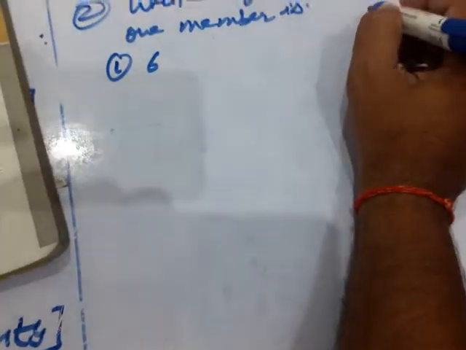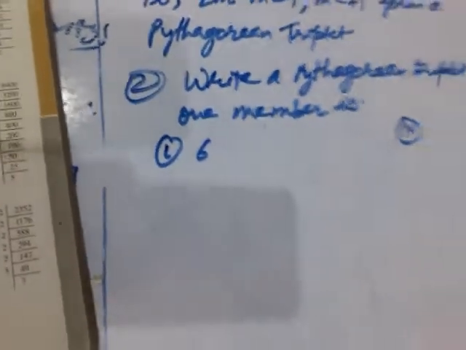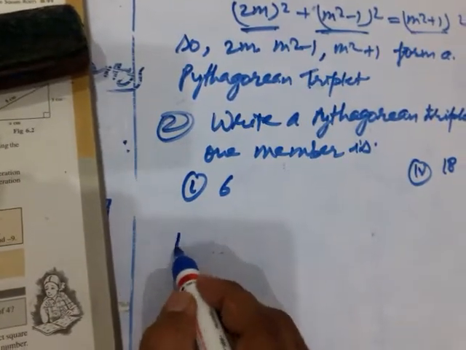One more question we will take, whose one member is 18. Let us take that, the fourth part of this question only, that is 18. So let us start and solve.